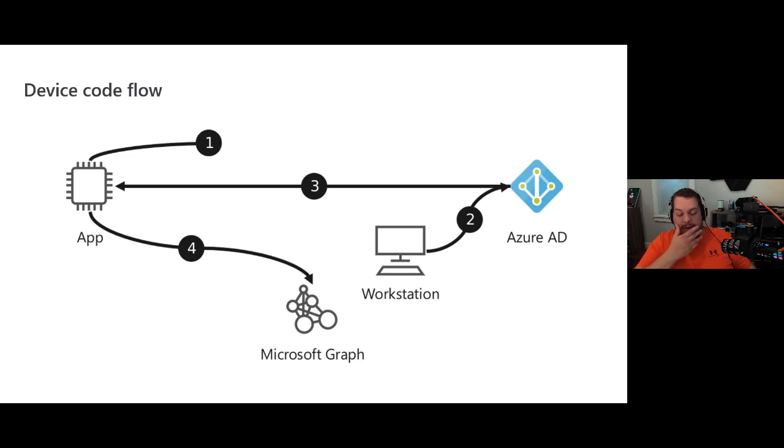So this is a really great way to allow interactive login in a situation where the actual device that needs the token doesn't have interactivity. So it's pretty cool. You see this a lot. If you use the Azure CLI, then you've probably seen the device code flow in action.